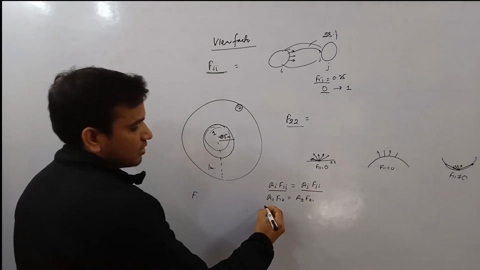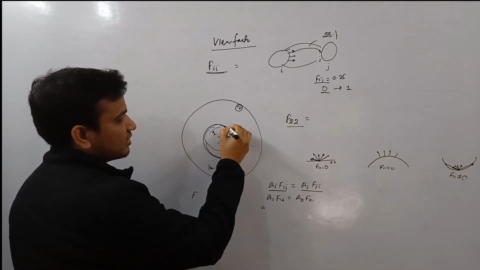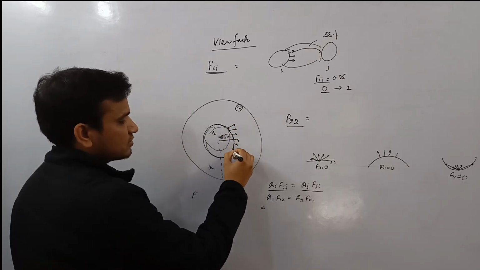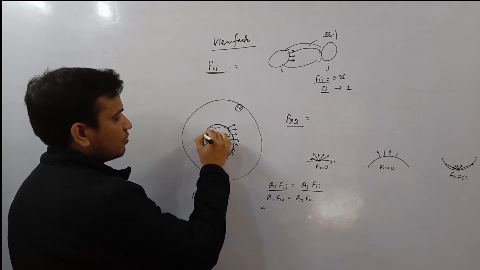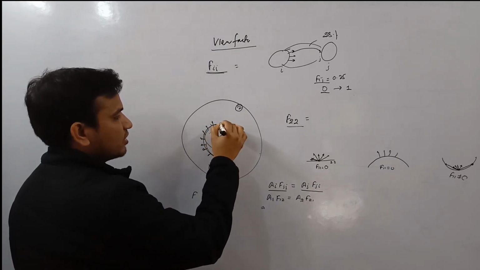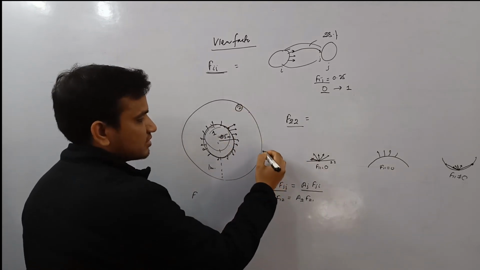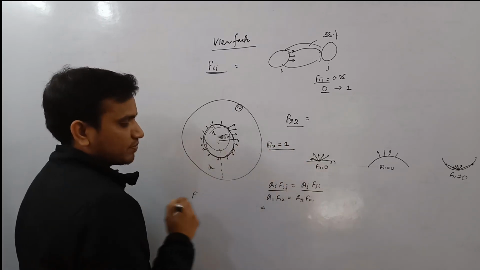Now you can see that whatever radiation emerges from body 1 comes out from all the surfaces, from every side, and all of it is going to strike surface 2. So F12 will be equal to 1 here.